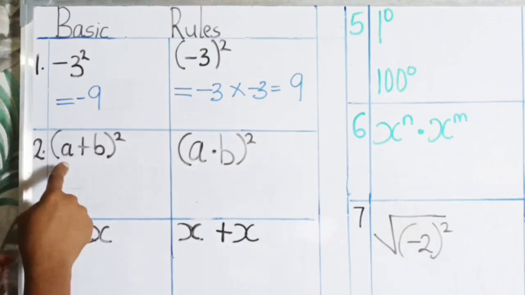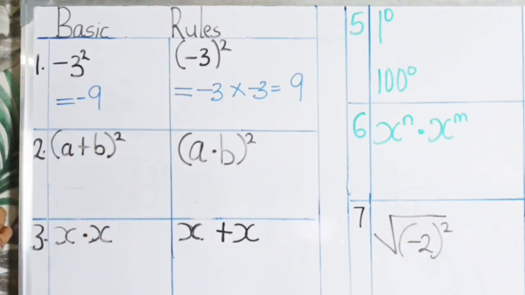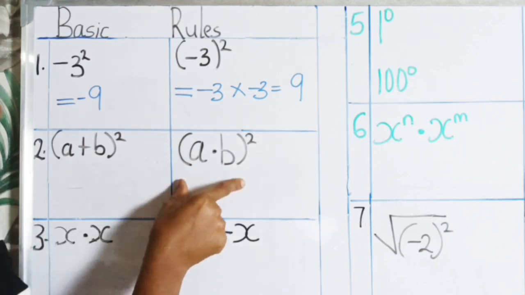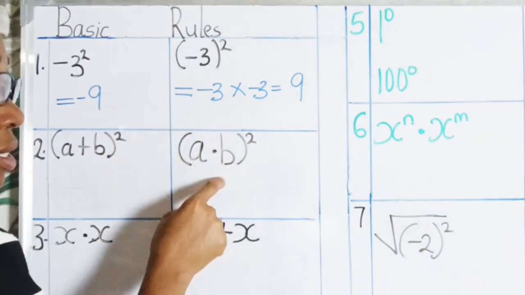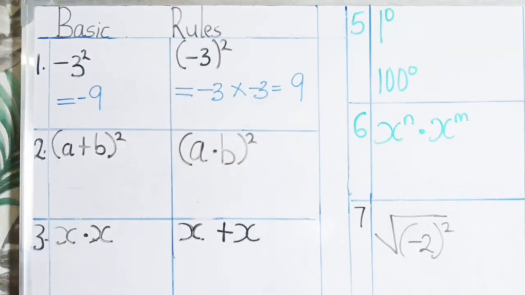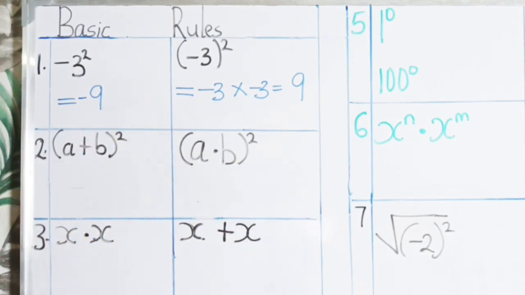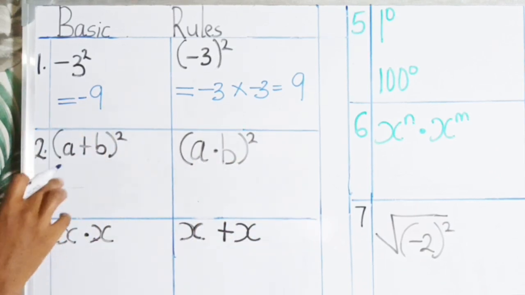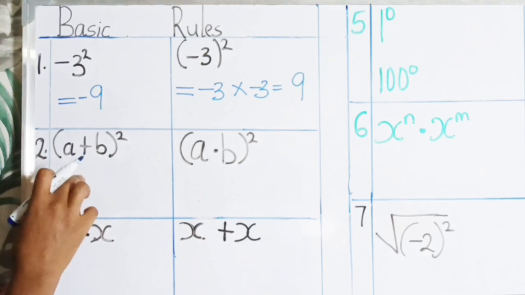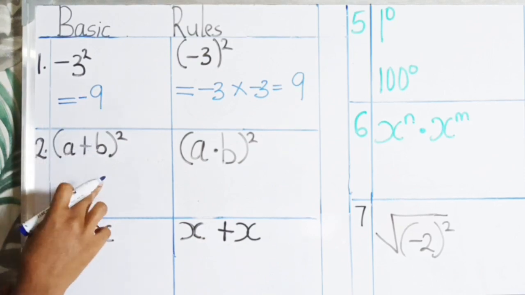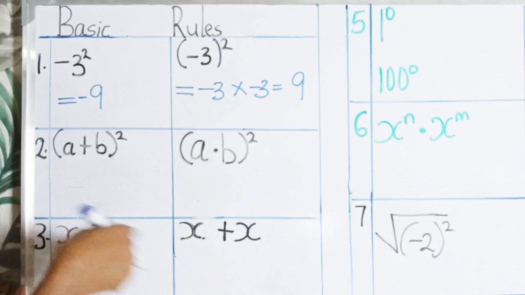We have in bracket a plus b squared. Okay, and then we have a times b all squared. Okay, these two are not the same and they will not give you the same answer. Now this is the same thing as saying a plus b in bracket times a plus b.